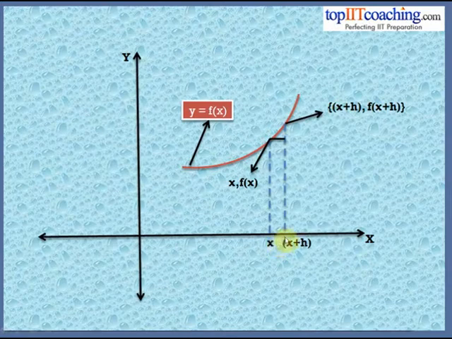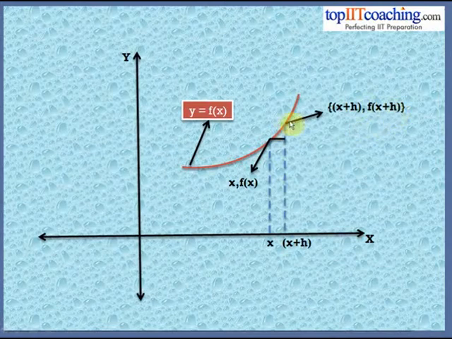Now let us take a point x plus h very much close to x but greater than x. So as h tends to 0, this point would be very much close to x but greater than x. Now the corresponding value of y would be f(x plus h). So the coordinates of this point become x plus h comma f(x plus h). Now as h tends to 0, this point becomes very much close to x.